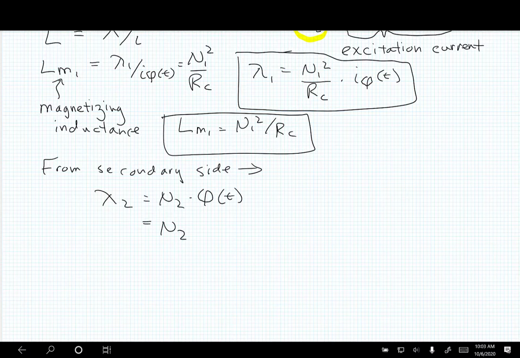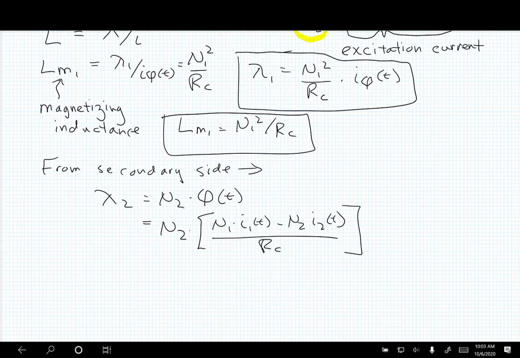So that's N2 times flux in the core, which is the same as before, N1 I1(t) minus N2 I2(t) over the core reluctance.